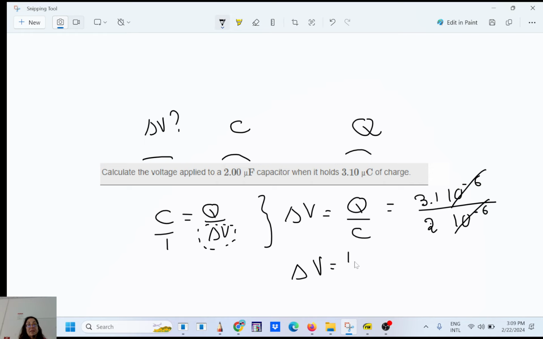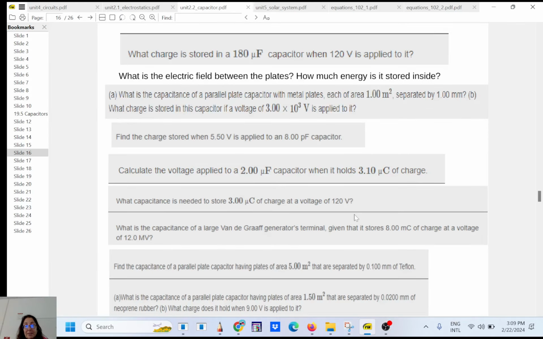Okay, so 1.55 volt. Okay, it's good for your biology, all those 10 to the negative something.